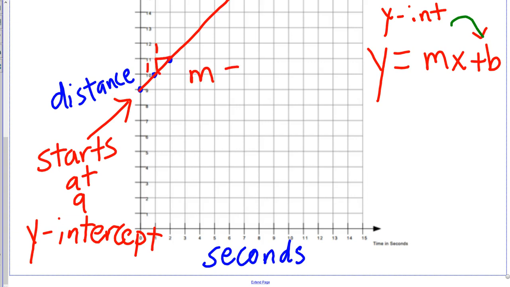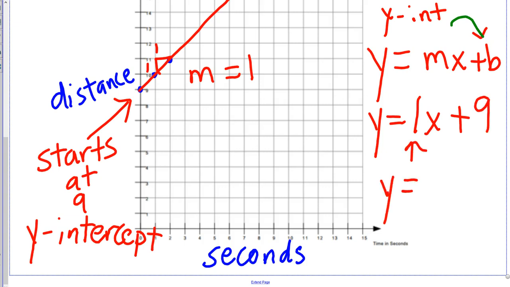So my slope is 1. So if I wanted to do my equation, it would be y equals 1x plus what? What are we adding each time? 9. Though I don't need to write the 1. It would be y equals x plus 9.